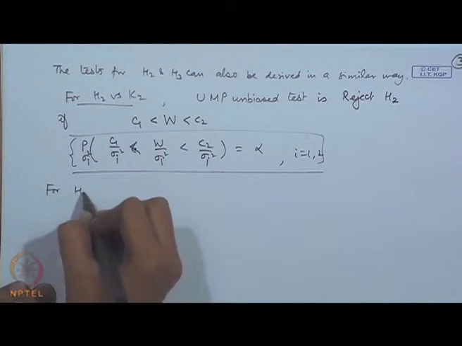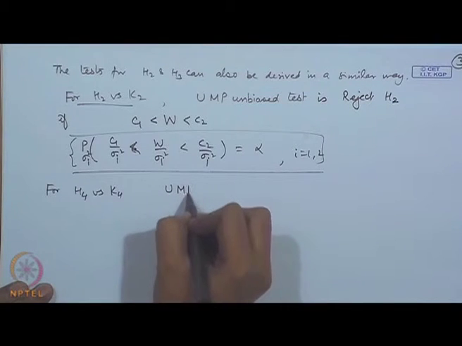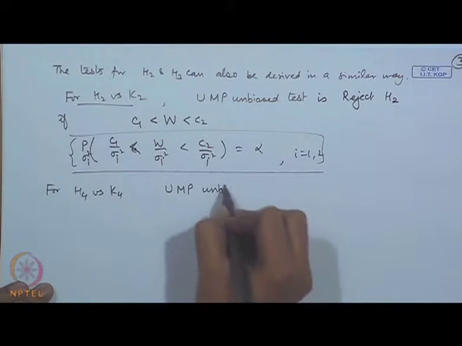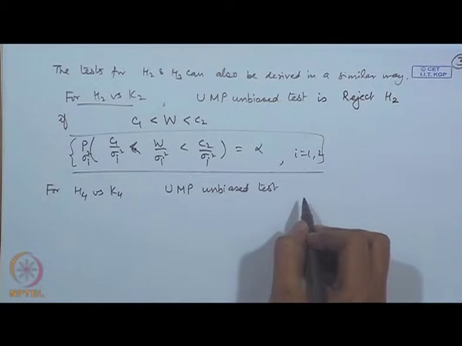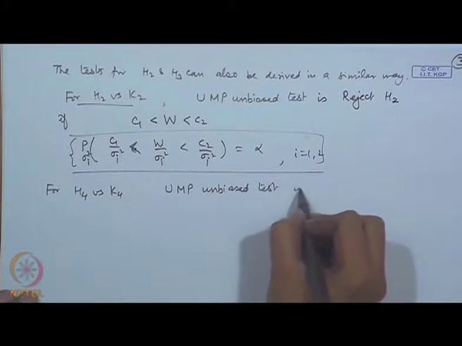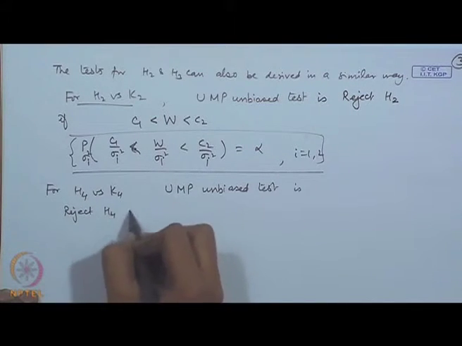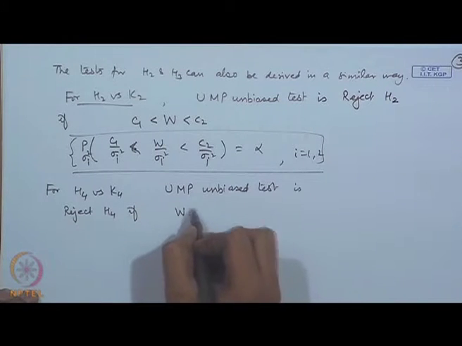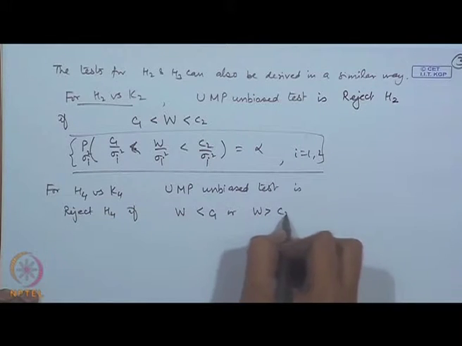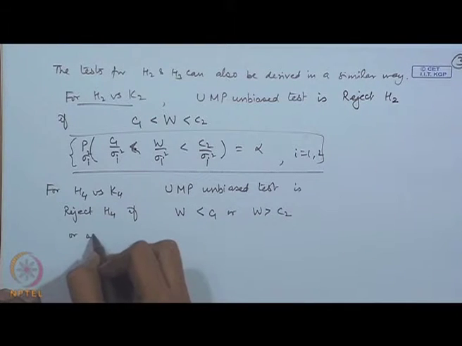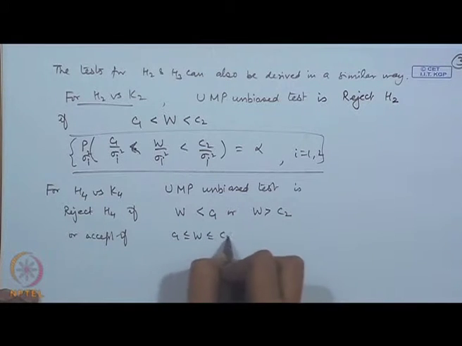For the H4 versus K4 problem, now here the UMP unbiased test is: reject H4 if W is less than C1 or W is greater than C2, or accept if C1 is less than or equal to W less than or equal to C2.